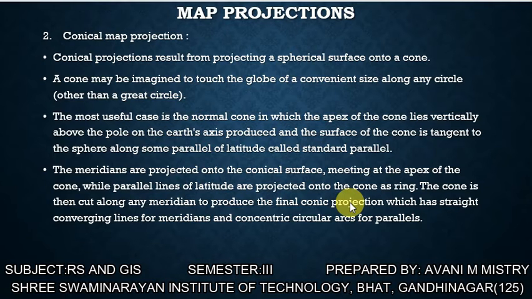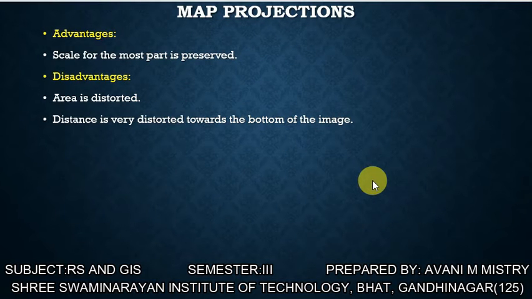The cone is then cut along any meridian to produce the final conic projection, which has straight converging lines for meridians and concentric circular arcs for parallels.